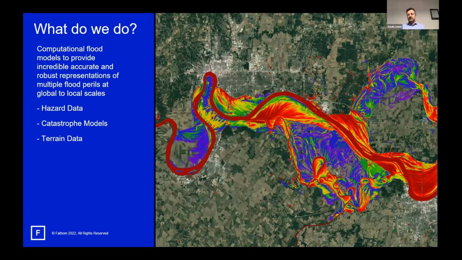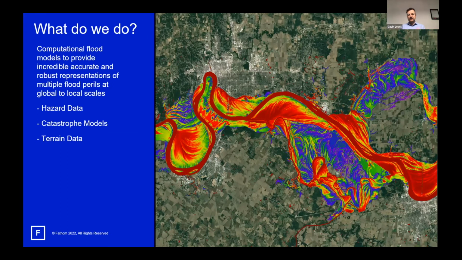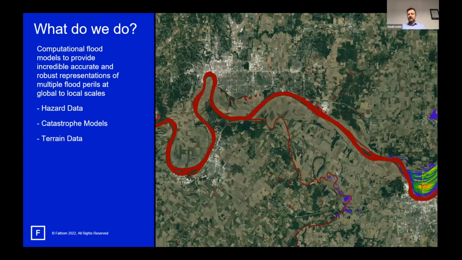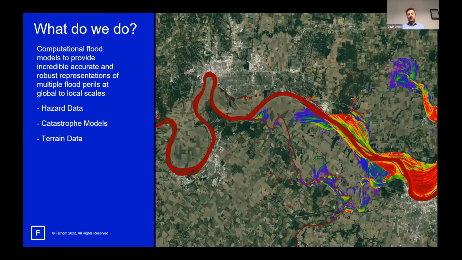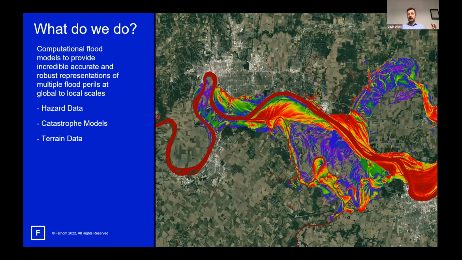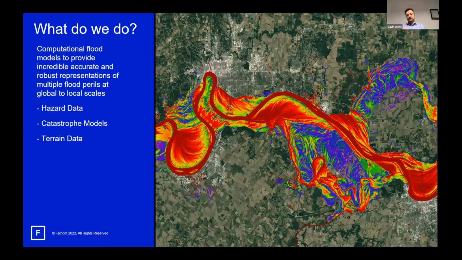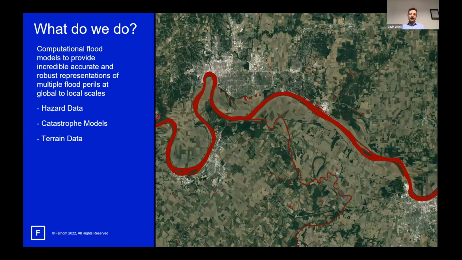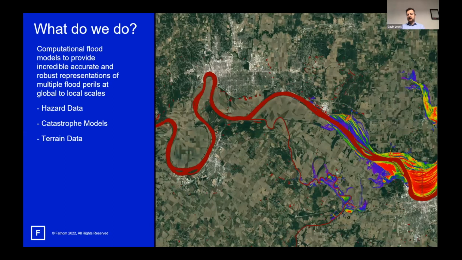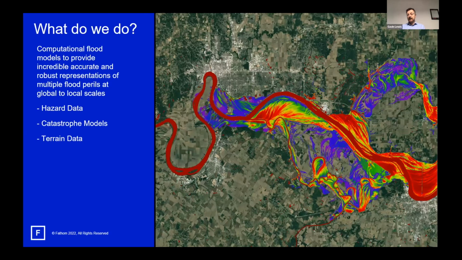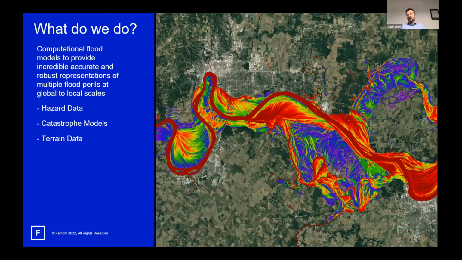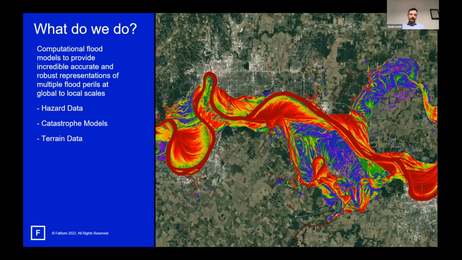The first one is the hazard data, or the hazard maps, as you can see here in this animation of a river in the US, where we take a lot of remote sensed data and produce very detailed flood maps at a global scale all the way down to a local scale. Now that allows us to give a very good representation of behaviour of water during different types of flooding events. So whether that's river flooding, flash flooding or coastal flooding.